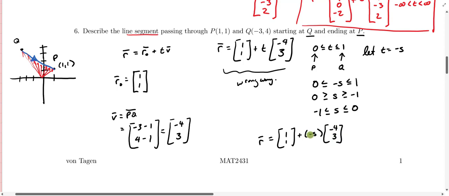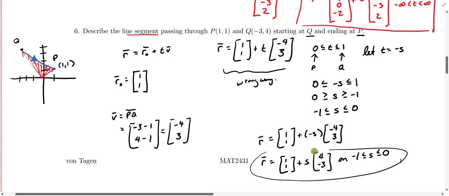And now if I distribute this negative sign through to clean this up, we'd have, for our parameterization, r, the position vector, is equal to this vector plus s, multiplying the -1 through, will give me 4, -3 on the interval -1 less than or equal to s less than or equal to 0.